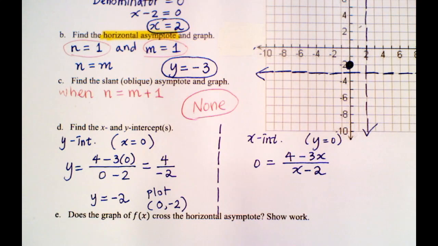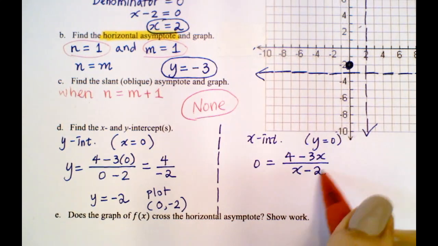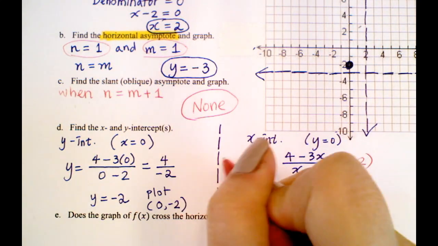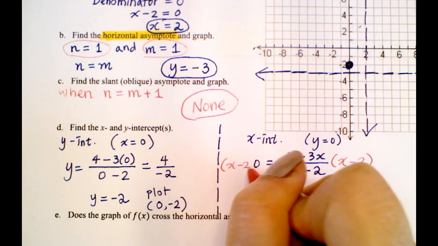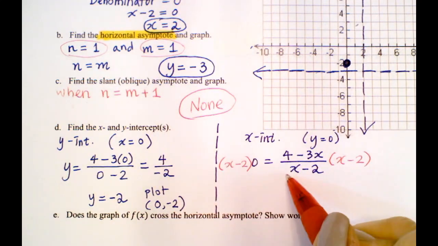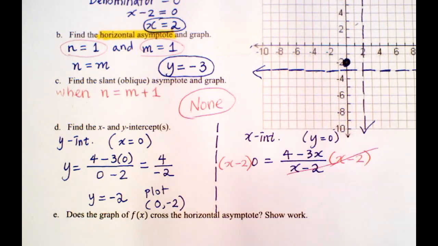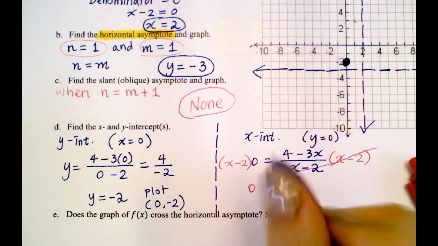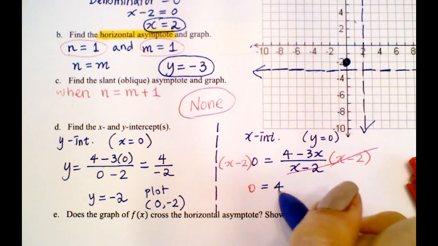Now, a fraction is 0 when the numerator is 0, but I want to do something that I will do on part E. I'm going to multiply both sides by x minus 2. Why? I want to cancel out this denominator. That's gone now. But what is x minus 2 times 0? In fact, anything times 0 just turns into 0, right? So we get 0 equals 4 minus 3x.